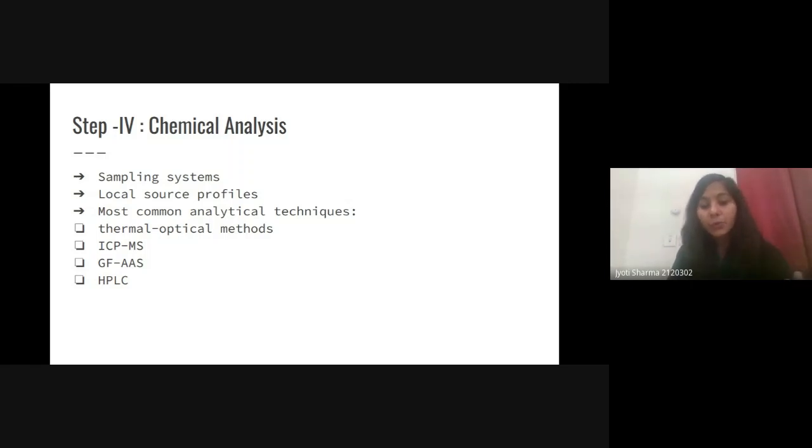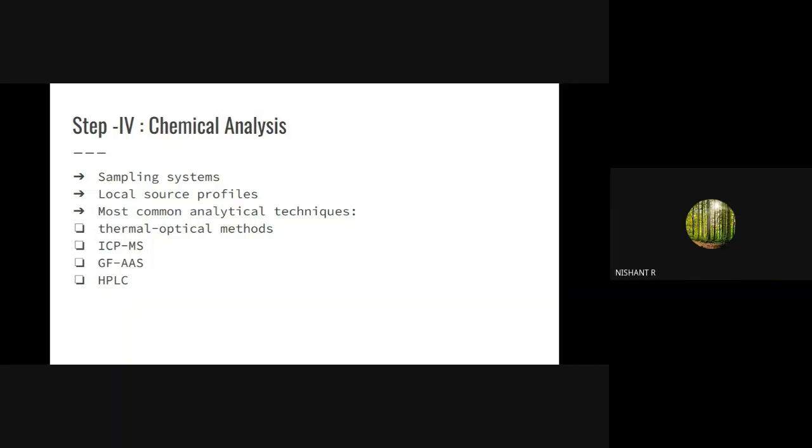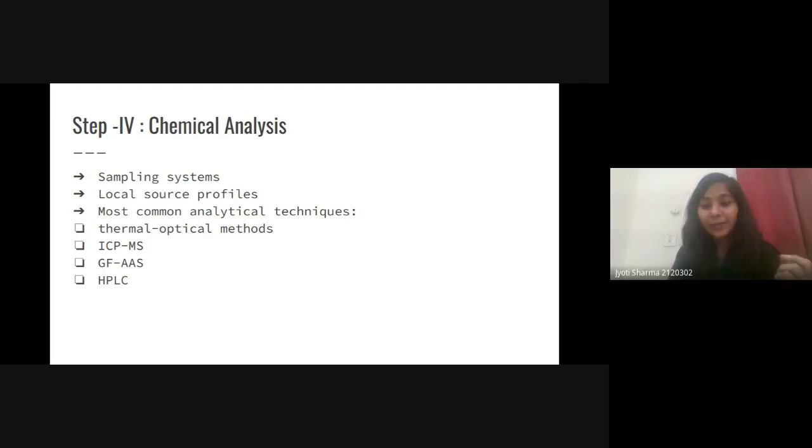For example, if you want to know the chemical composition of volatile organic matter, you have the organic matter in your atmosphere and you have collected it as a sample. What technique will you use? You will use HPLC. What do you mean by HPLC? Can anyone tell me the full form of this? HP means high performance.